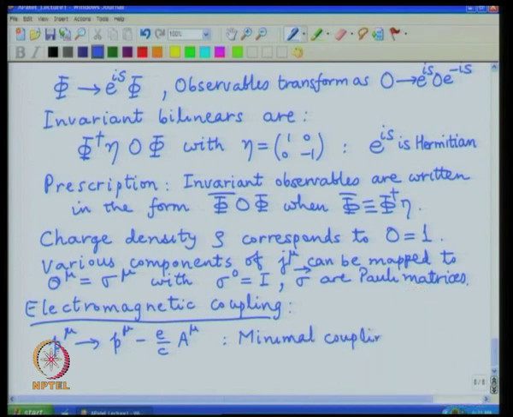We will deal with a more general situation with electromagnetic interaction a little bit later, but right now this is enough.